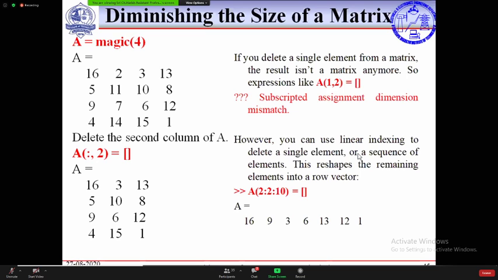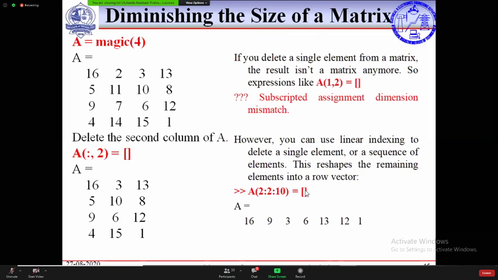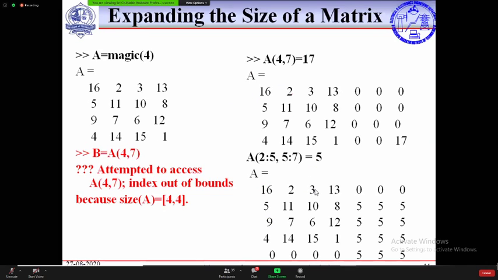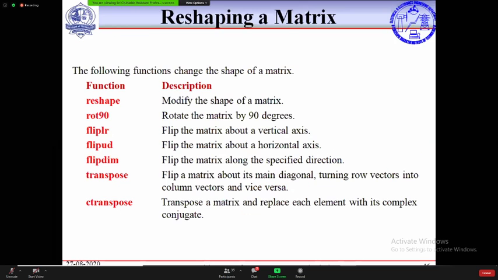Now, until now we have been discussing concatenating, expanding and diminishing the size of a matrix. So you are manipulating the matrices in different ways. Now, another one is reshaping of a matrix. Reshaping is done in many ways.